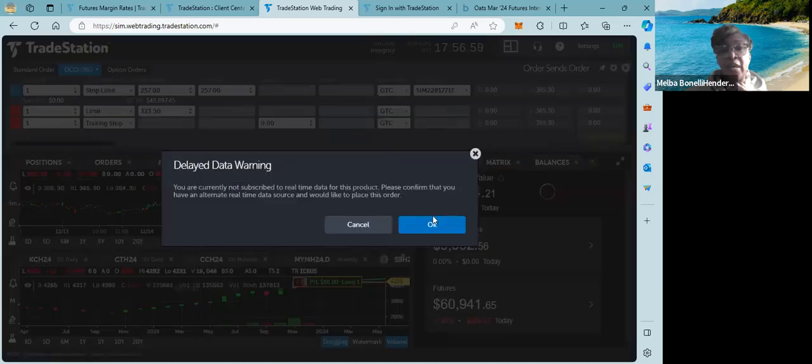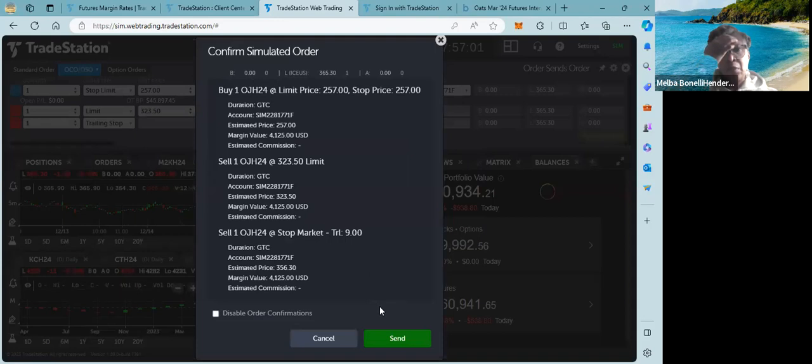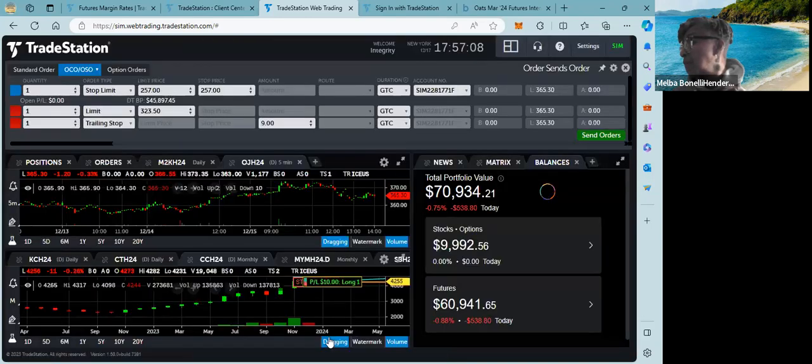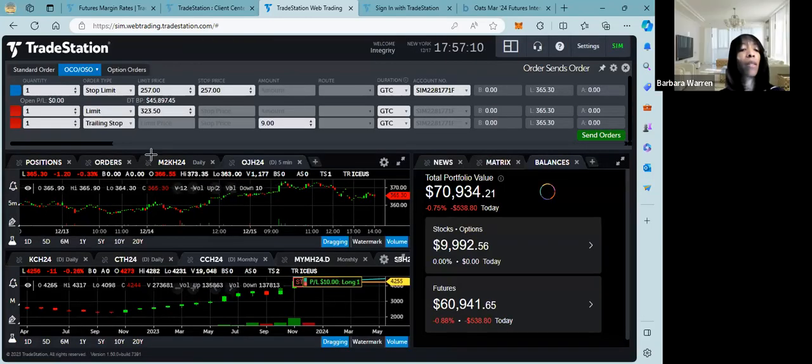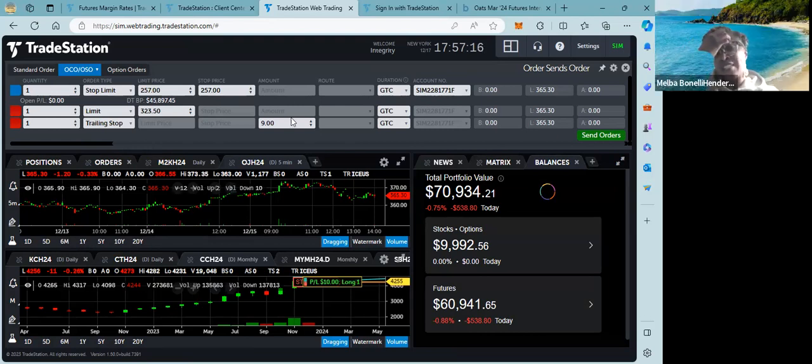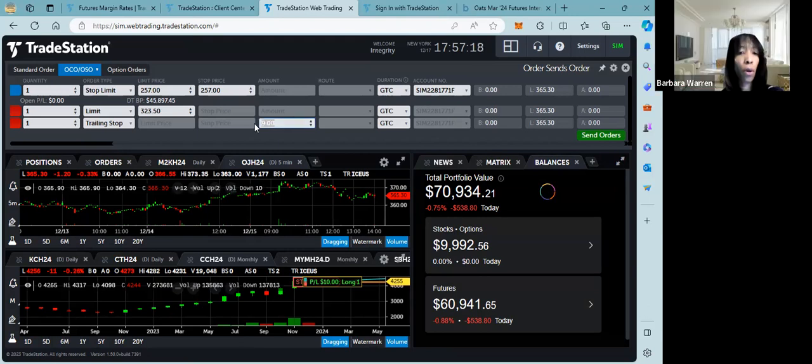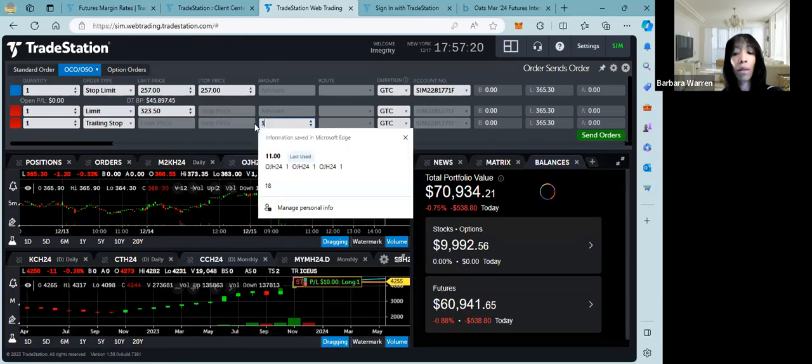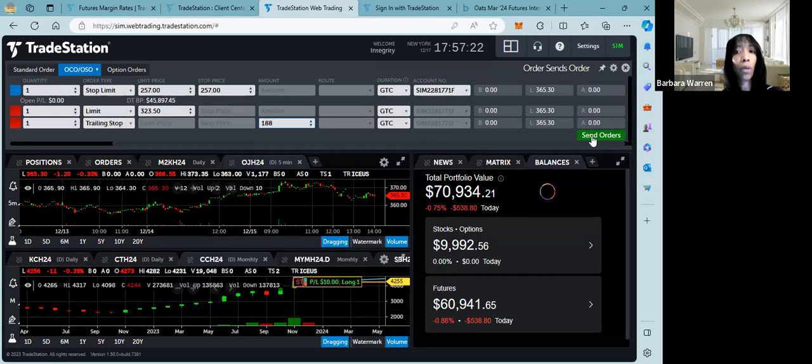Click send order again. And it says 356.30. It could be because the market where it's at, it's above the entry price. So for example, it's giving us this. I go by the current price. So if I put an astronomical number like that, it should come out right.